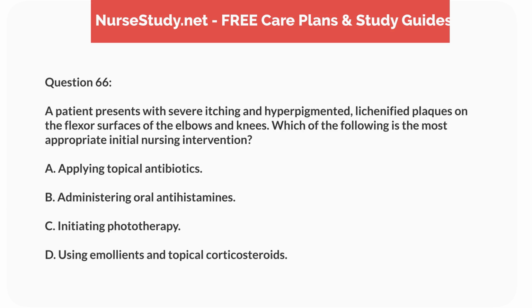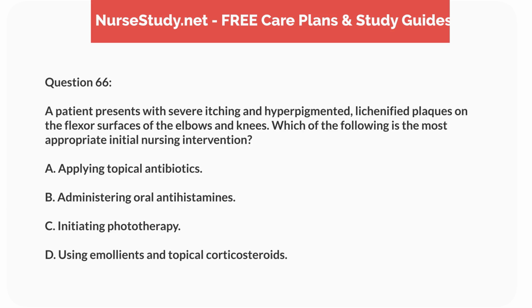Question 66. A patient presents with severe itching and hyperpigmented, lichenified plaques on the flexor surfaces of the elbows and knees. Which of the following is the most appropriate initial nursing intervention? A. Applying topical antibiotics. B. Administering oral antihistamines.